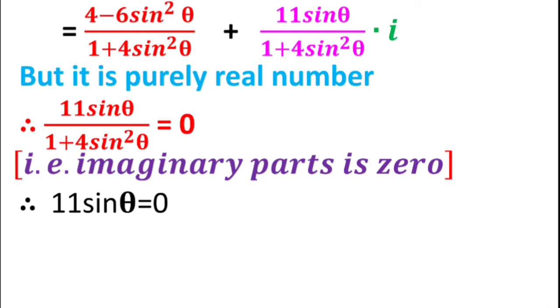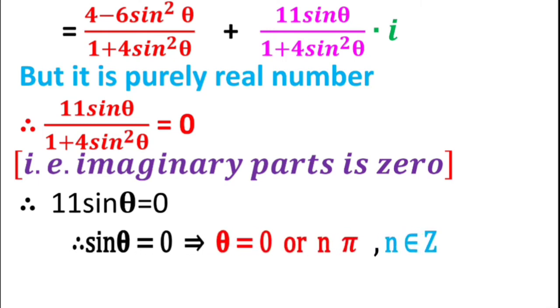Then what are the values of theta? Sin theta is 0 means theta is either 0 degree or 180 degree, that is pi radians, or 2 pi, 3 pi in this way, or minus pi like this.